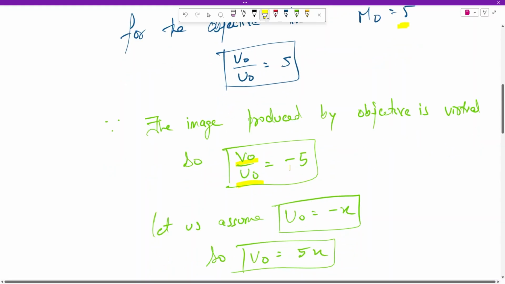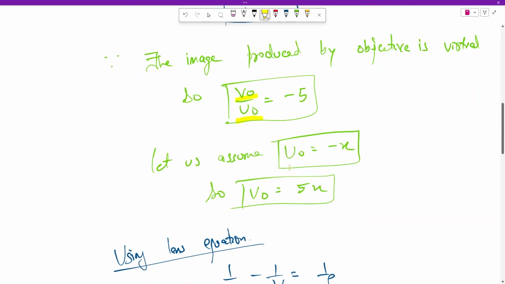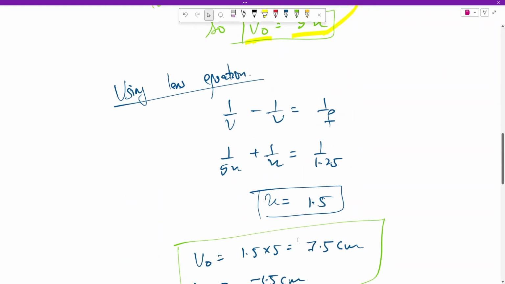So if we assume that UO, the object distance from the objective, is -x using the sign convention, then VO would be equal to 5x using this relation. Now using the lens equation for the objective, we will find out the value of UO. So substituting the values that we assumed, 1 by V would be equal to 1 by 5x, and 1 by U would be equal to minus 1 by x because U is -x. So finding the value of x, we will get a value of 1.5 centimeter.